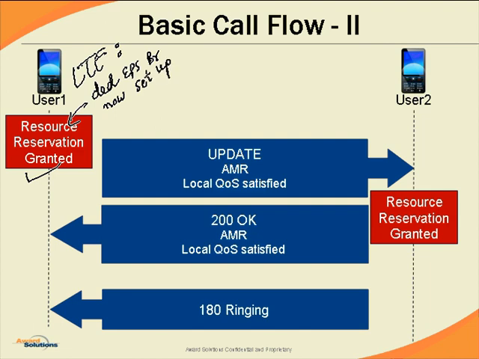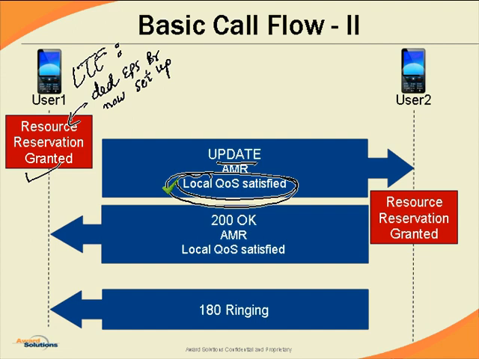Once the dedicated EPS bearer is set up that can meet QoS for this new voice or IP call, then the UE sends an update message, and tells the other party that the quality of service, no problem. We have made the reservation of resources. So we are okay from user one side.